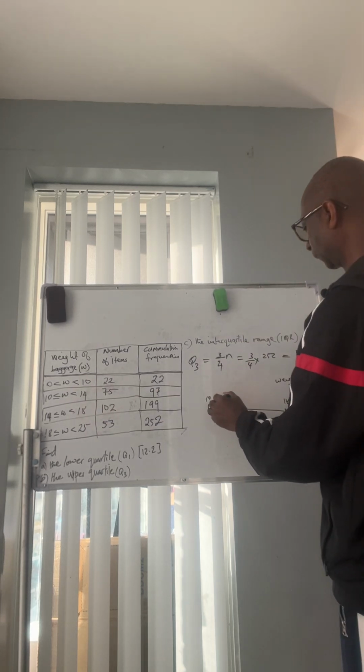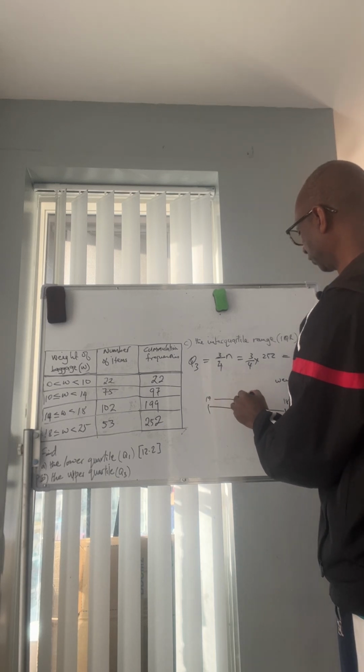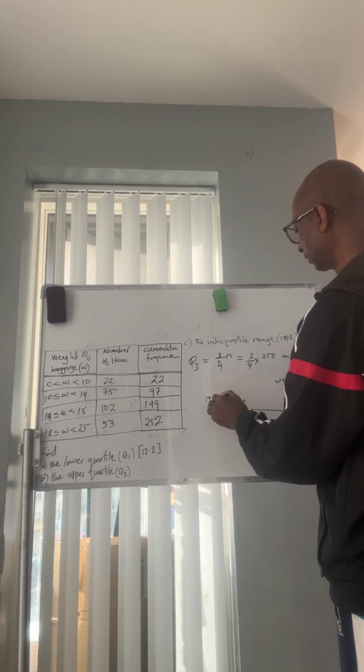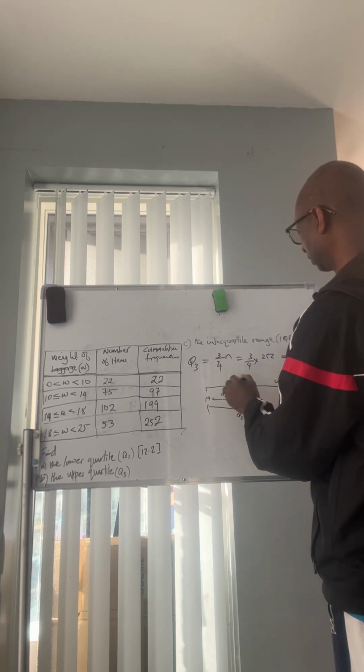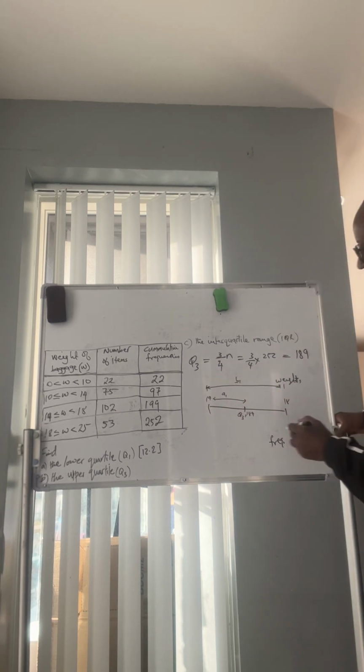From here to here, at your Q3, we'll say A1, and here, B1.